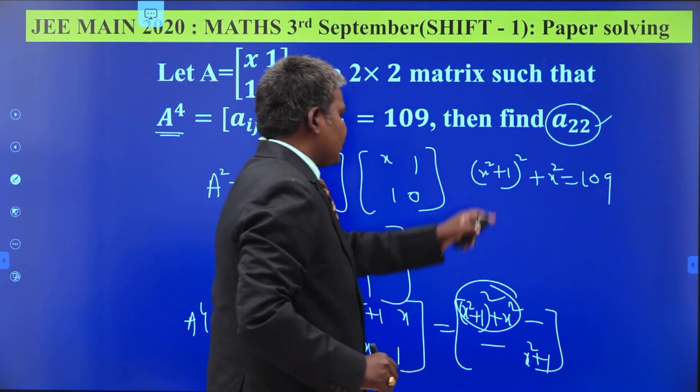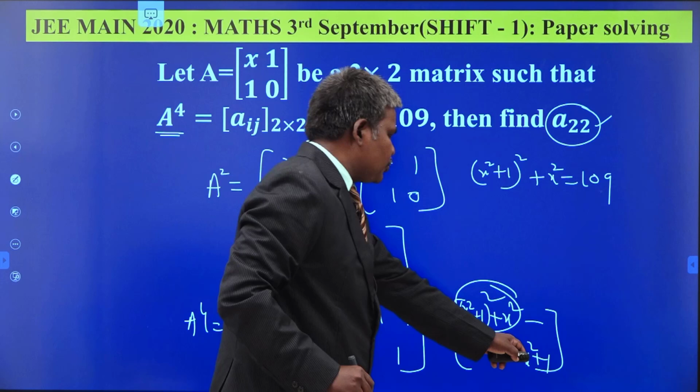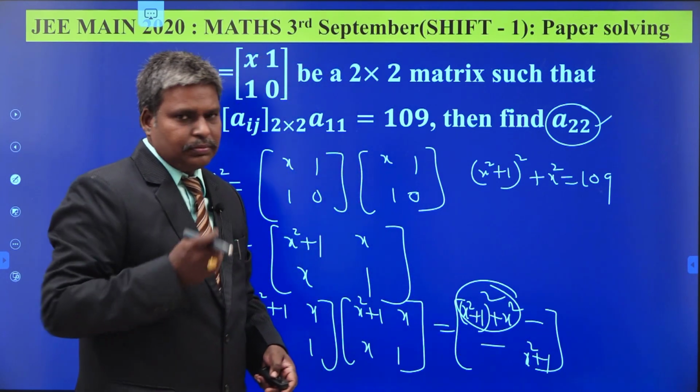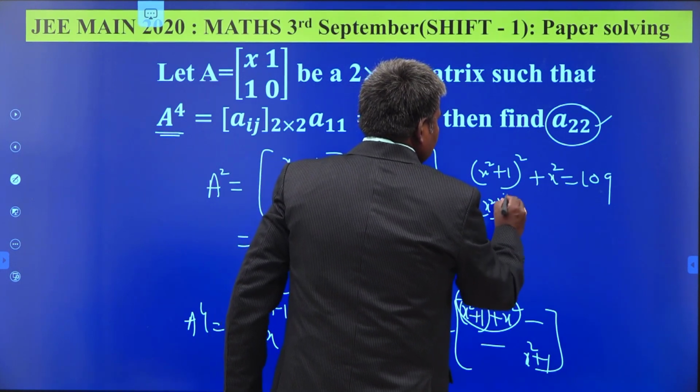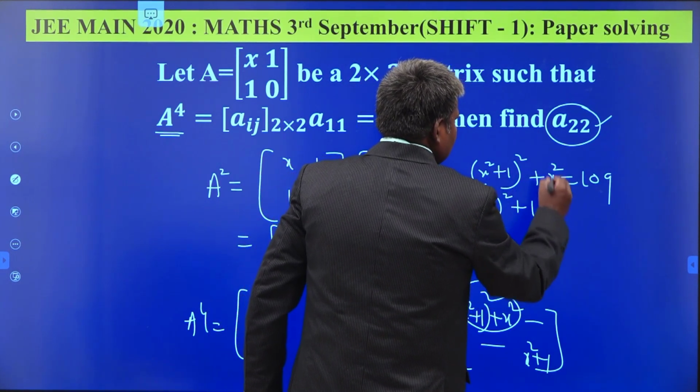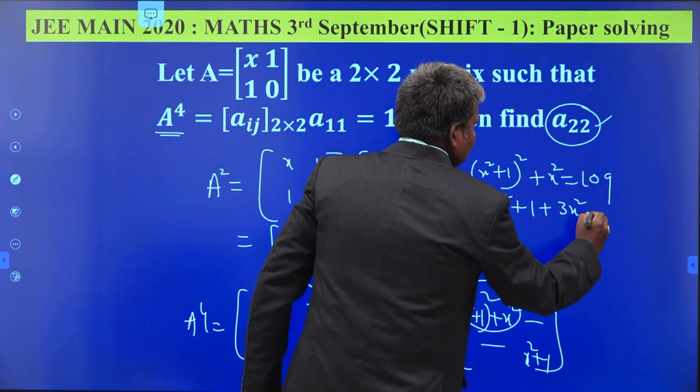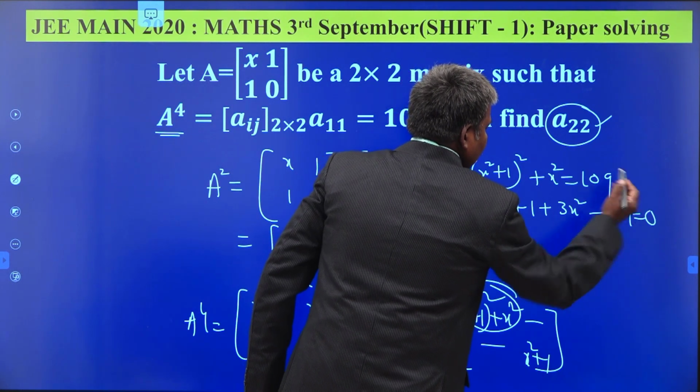From this equation you can calculate the x square value. Expanding, x square whole square plus 1 plus 2x square plus x square gives 3x square minus 109 equal to 0.